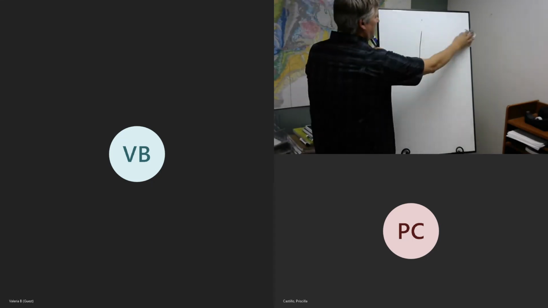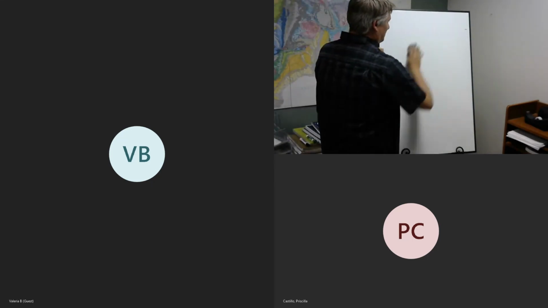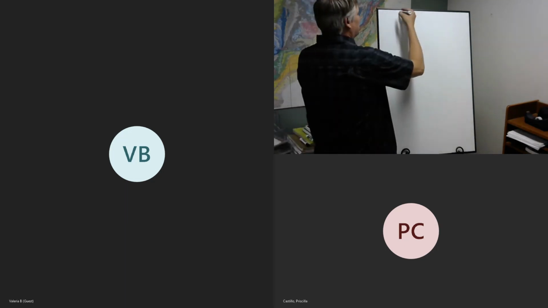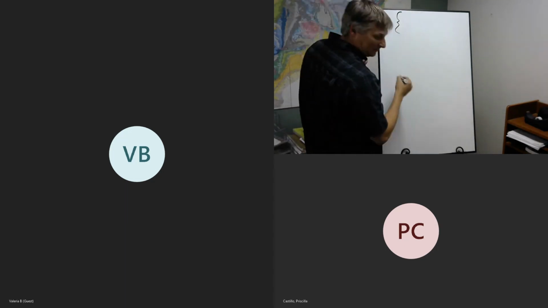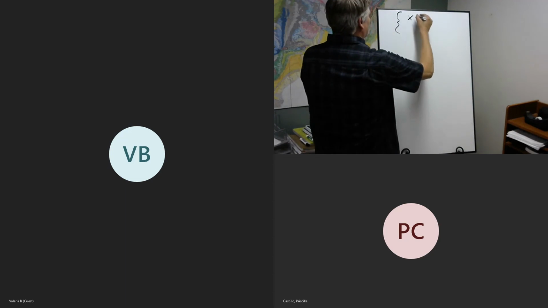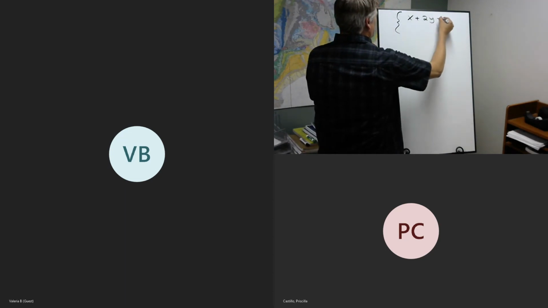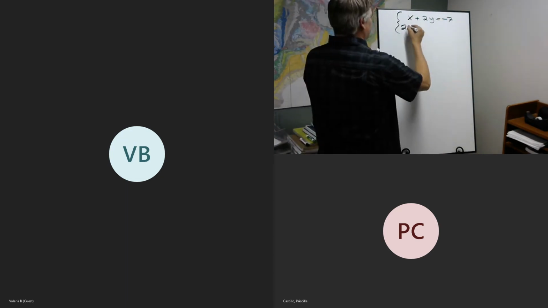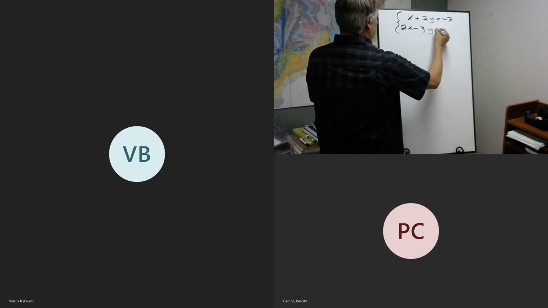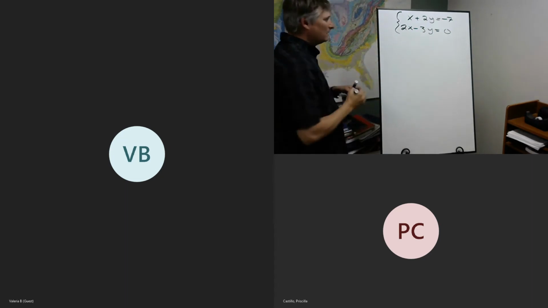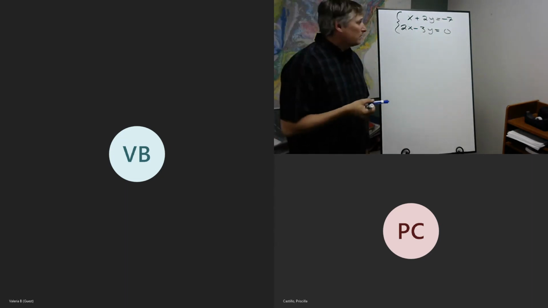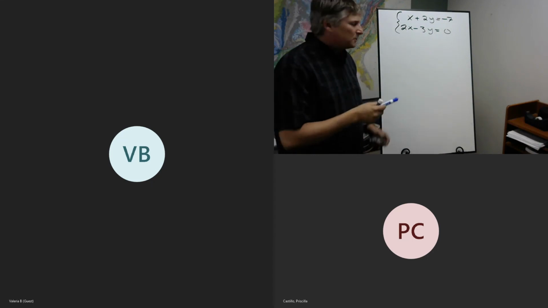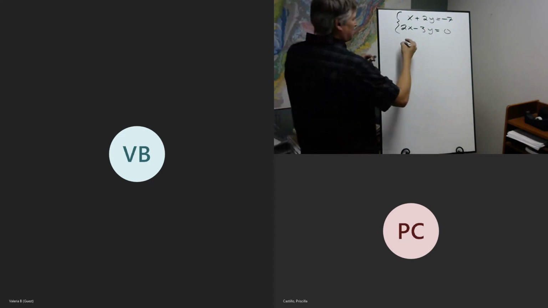I'm going to try a different method of graphing these. I'm going to go with intercepts instead. And there's a reason for this. So instead of using y equals mx plus b, I'm going to go with intercepts. And to do intercepts, I think it's just going to be easier to do.